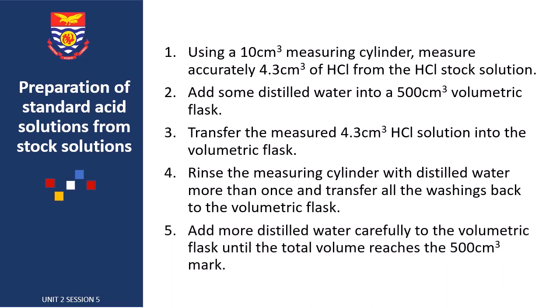When you have done that, what is left is to now add more distilled water till you reach the mark on the volumetric flask. Remember, volumetric flasks are used to measure fixed volumes.